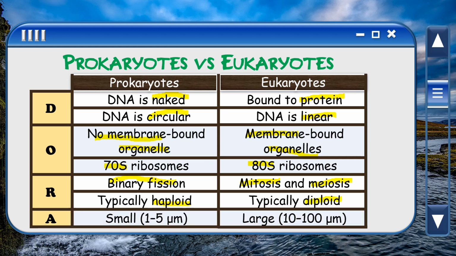The size: prokaryotes are in a range of 1 to 5 micrometers, whereas eukaryotes are in a range of 10 to 100 micrometers. So that is the comparison between prokaryotes and eukaryotes.